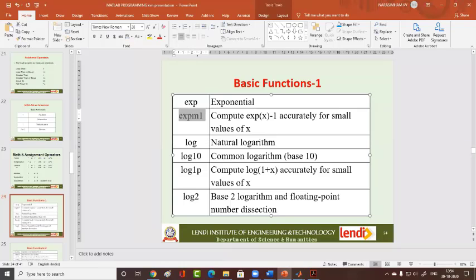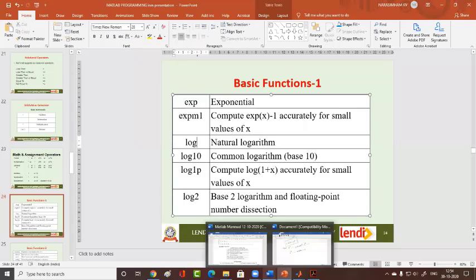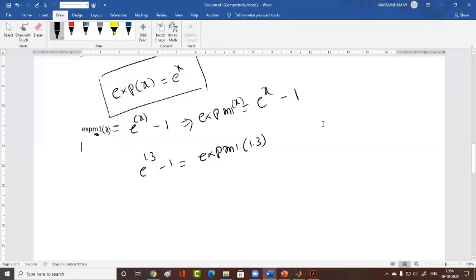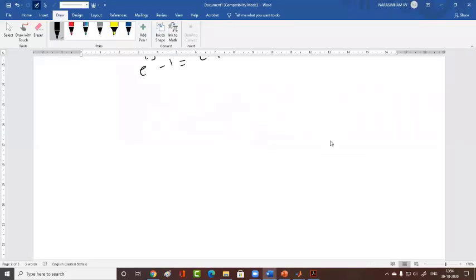Now coming to logarithmic. We should know the difference between log10 of x, which is nothing but log x base 10, and log of x, which is nothing but log x base e. This is the natural logarithm. This is base 10.